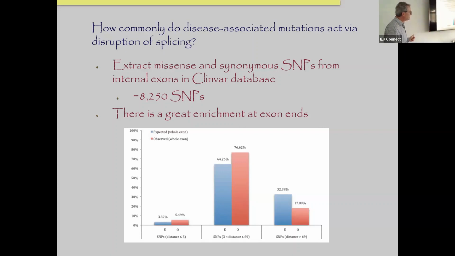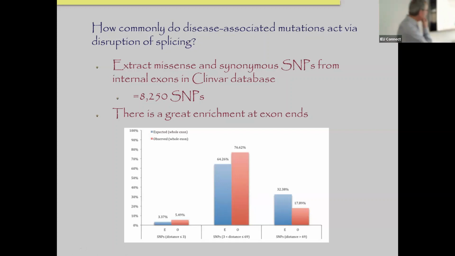So the blue is the null, the red is the observed, and we're partitioning these disease-causing SNPs by their location within exons. The nearest bar here is the actual splice sites themselves. This then is within the ESE functioning domain, and this then is what you might think of as exon core.